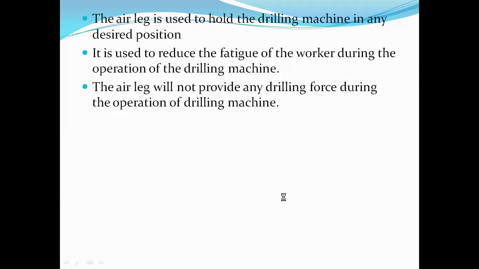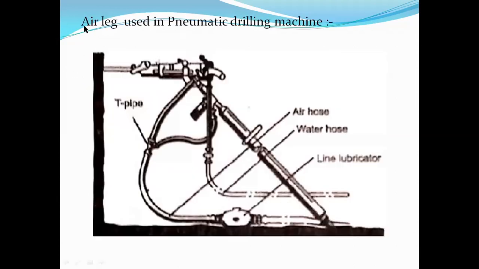Because if you imagine, without this air leg, if you wanted to perform the drilling activity using a pneumatic drilling machine, the worker has to hold the machine in the desired position, which is a tedious process and involves a lot of risk. So if someone asks what the basic purpose of the air leg is, its purpose is to reduce the risk of the worker during the operation of the pneumatic drilling machine, to hold it in any desired position.